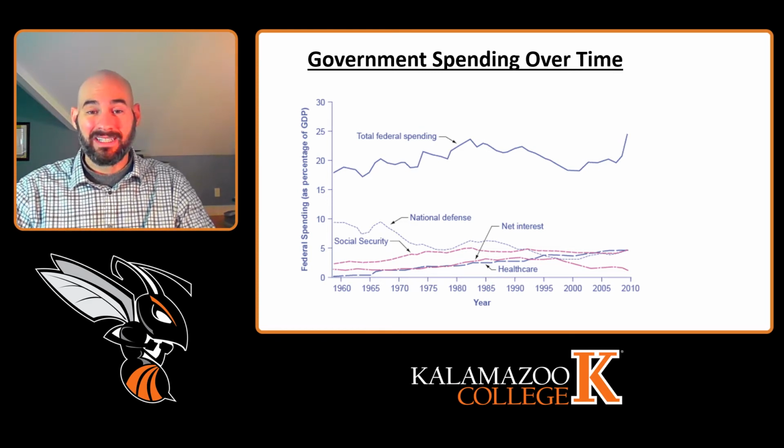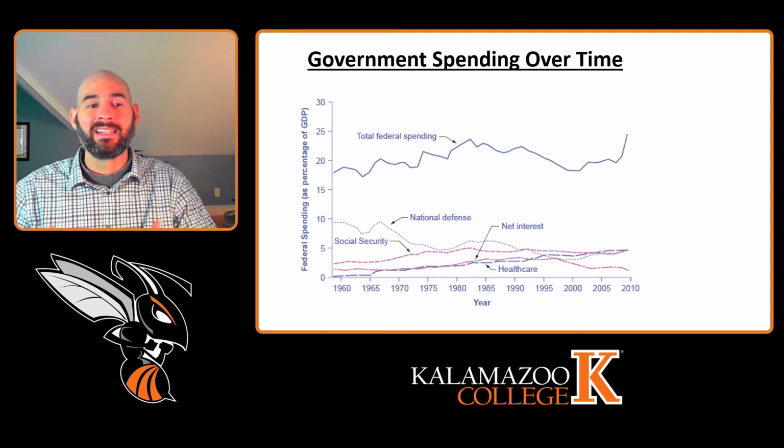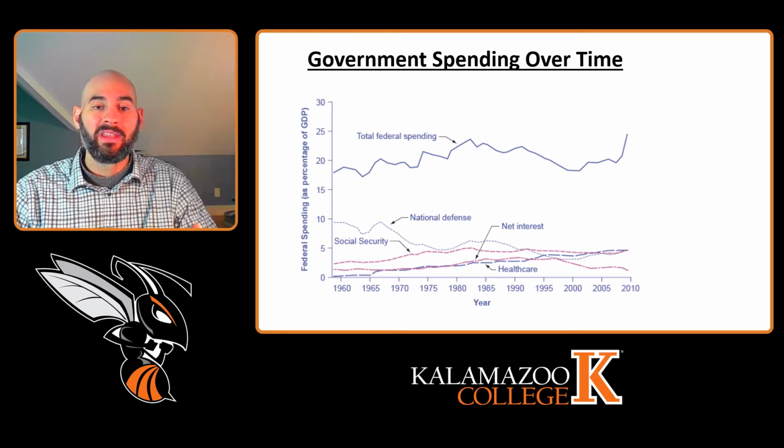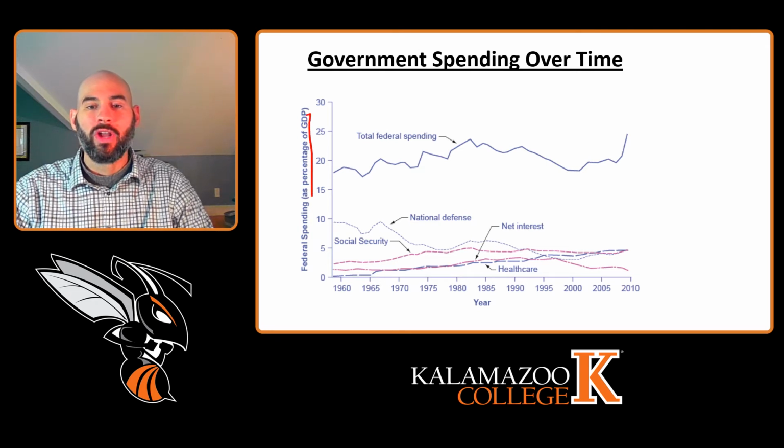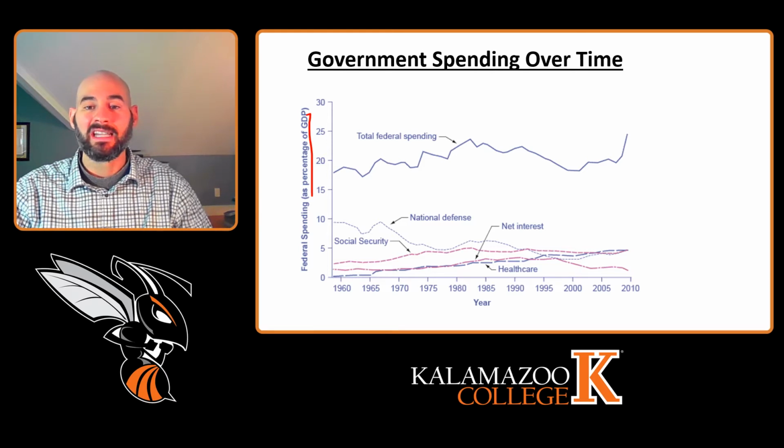However, that's obviously misleading when thinking about the size of the government and the economy, because that is not accounting for inflation or population. And so when we think about federal spending as a percent of GDP, we'll notice that this has been much more stable over the years.